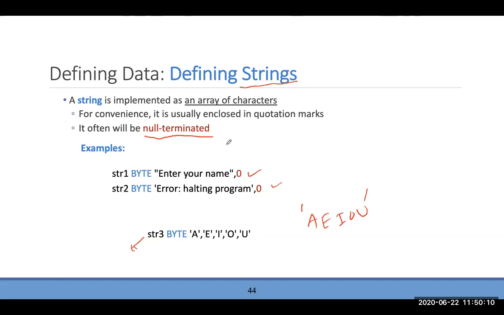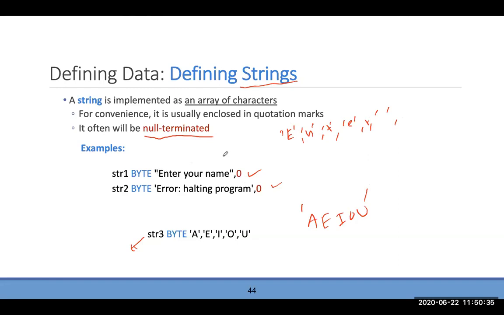So if you wanted to store this string, you would say E, and then N, and then T, and then E, and then R, and then white space, and so on and so forth. It used to be very tedious. So that's when they came up with one quotation where you put everything.